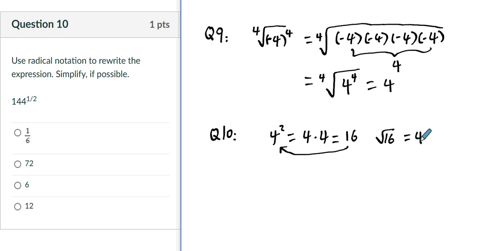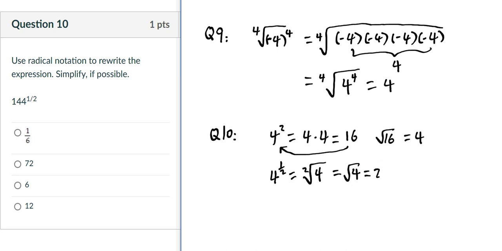Okay. Here, if you do 4 to the fractional number, 1/2, then it's actually the square root of 4. Here the index is 2. And since the index is 2, you do not have to write it.